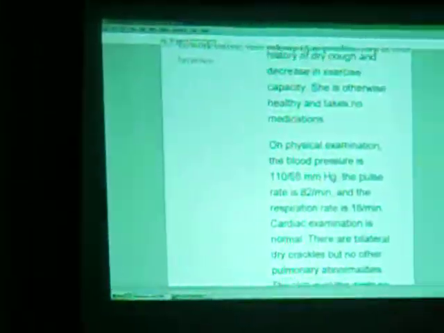A 26-year-old woman with an 18-month history of diffuse cutaneous systemic sclerosis. There is about a 6-month history of diffuse exertional dyspnea. Otherwise healthy, takes no meds. On exam, blood pressure is okay, pulse is 80.